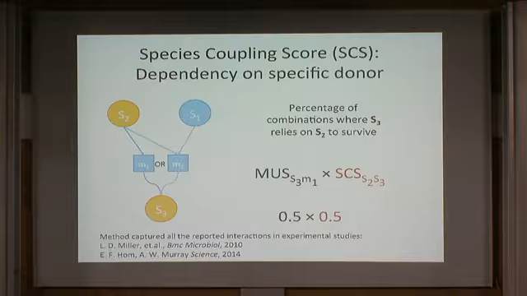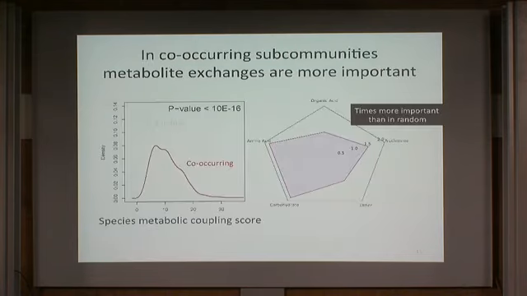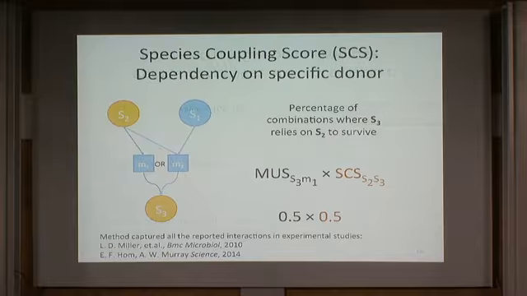And in this case, there is not much experimental data measured on metabolic exchanges, but for those available for microbes, where they can measure the transfer of metabolites between species, the method captured all these exchanges. So basically, the higher the score, the more important the metabolite is.